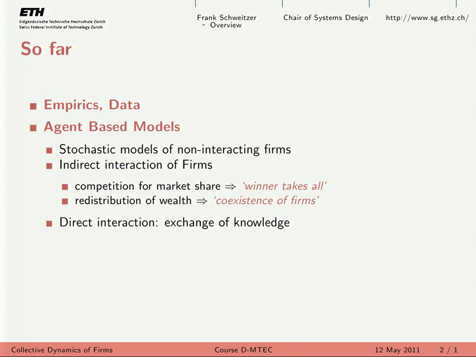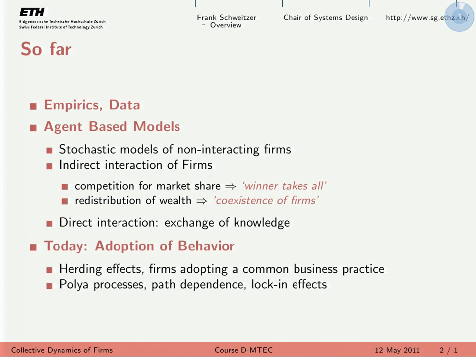So the question now is, do we cover the economy or the dynamics of firms by just considering utility maximization? The answer is no, as we will see today, because only in rare cases can you really calculate utilities, right?